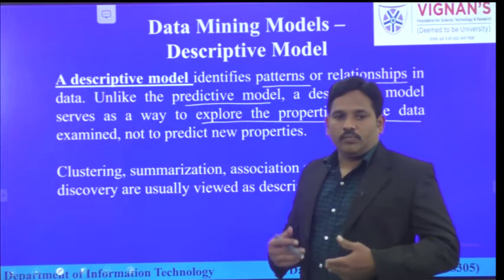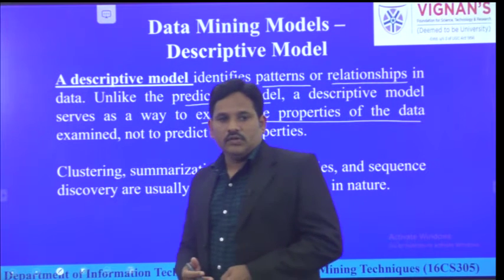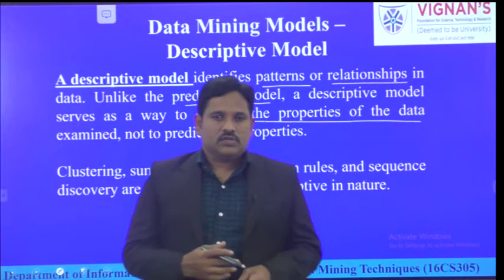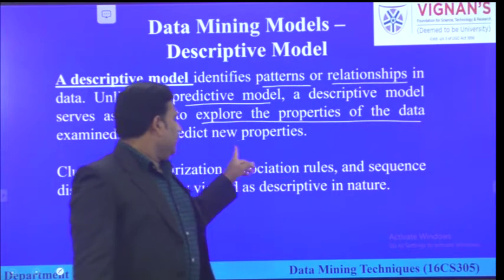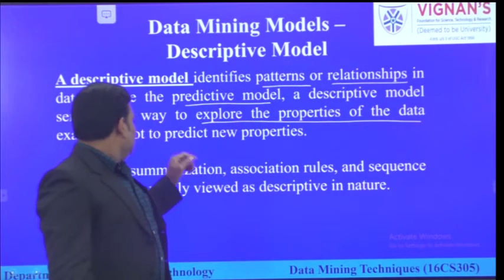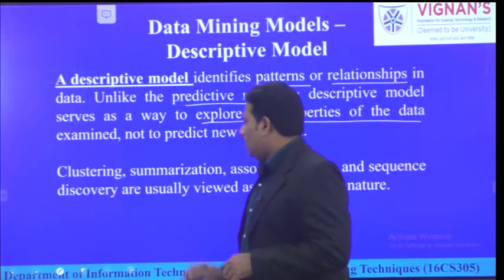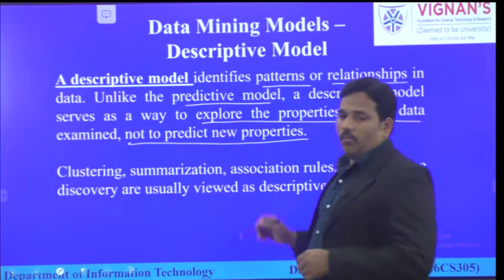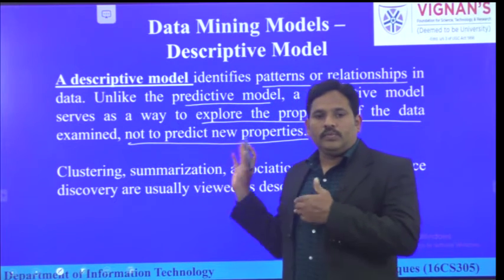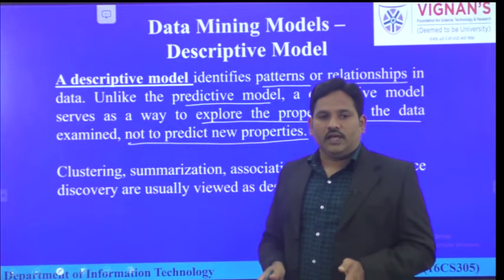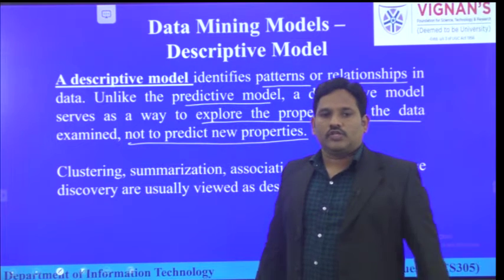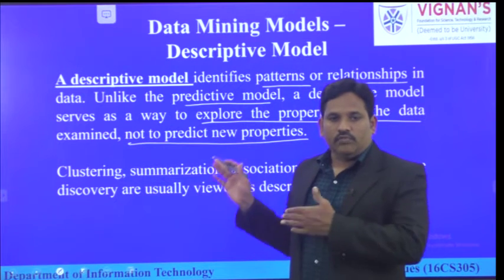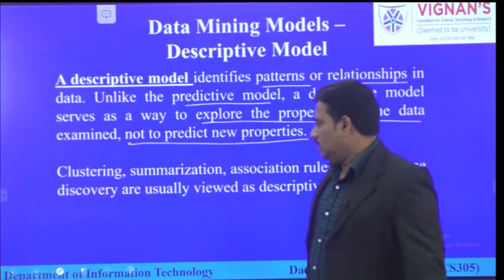That means whatever properties have been seen or observed, they want to explore them, because here they are not going to predict anything. Nothing new is going to be predicted here. They don't want to predict any new property, but they want to analyze the existing data and explore it in order to find the best hidden patterns of the data.